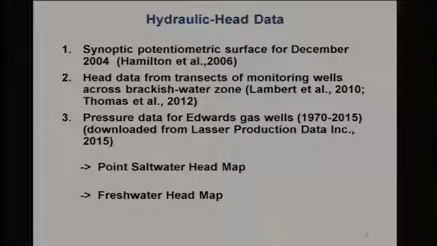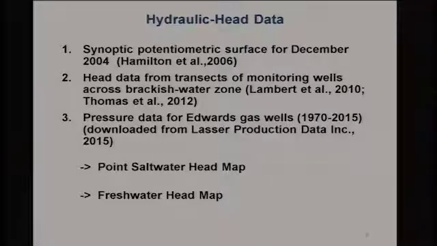And then third and finally, we took pressure data from oil and gas wells from the Lasser production database. And these data came to us as either a wellhead pressure or a bottom hole pressure. When we had wellhead pressure, we converted that to a bottom hole pressure, making certain assumptions about the conditions in the borehole. And with that bottom hole pressure, we converted to an equivalent fluid pressure at the bottom of the borehole. And then we could plug that into our standard equation for hydraulic head.